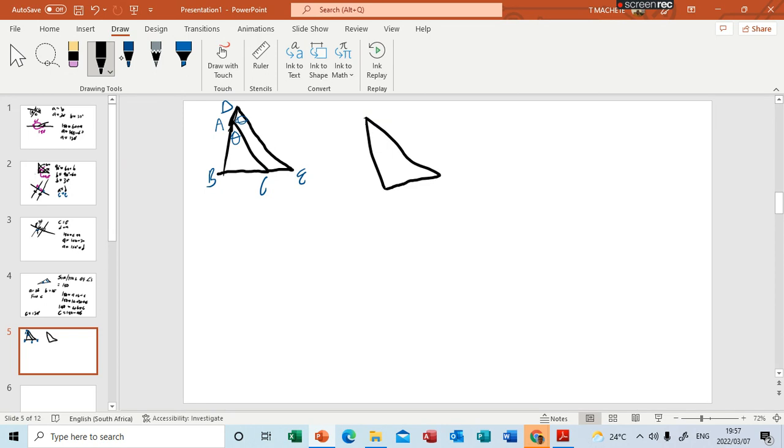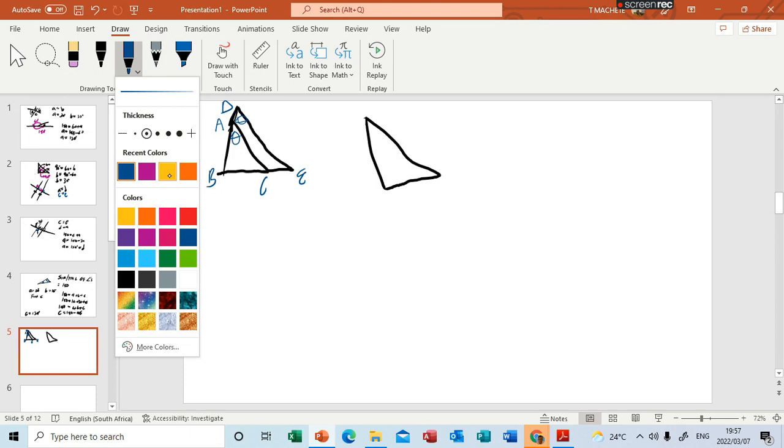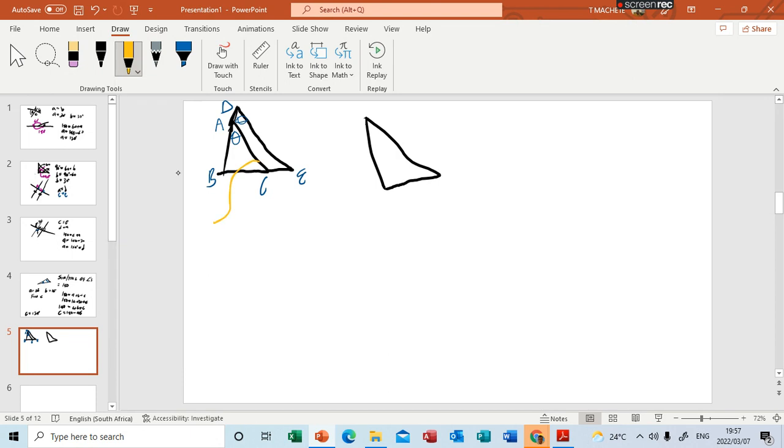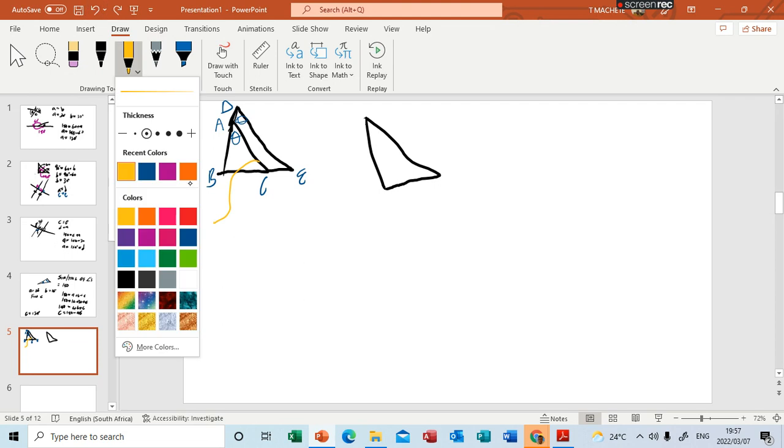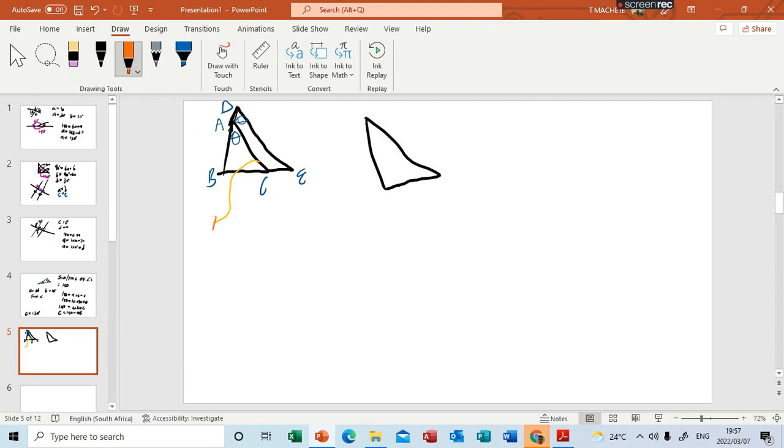Then I'm going to label them like this. So the inner one is your minor. Orange, I think it will be visible. So this is your minor triangle, not a right angle triangle.